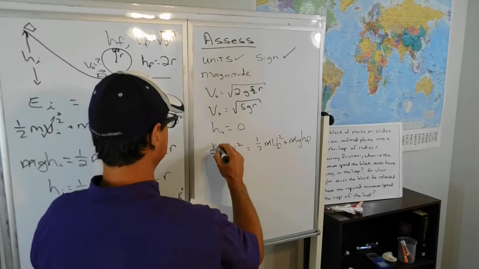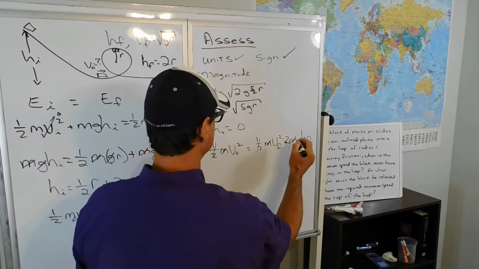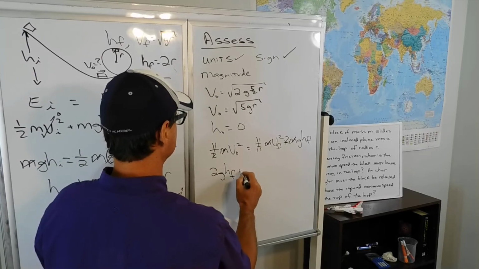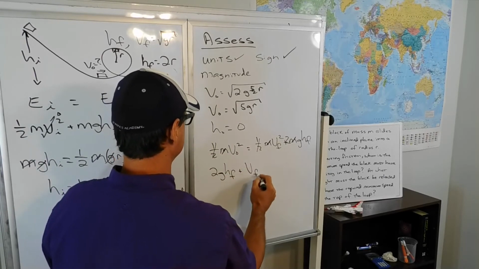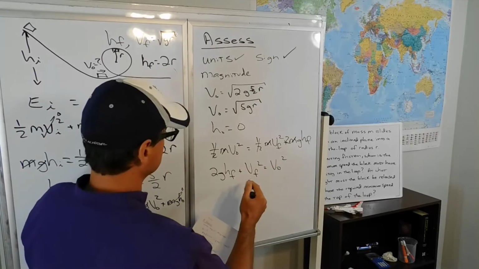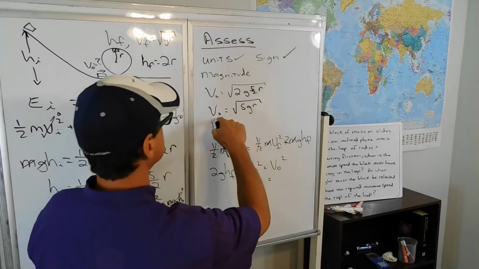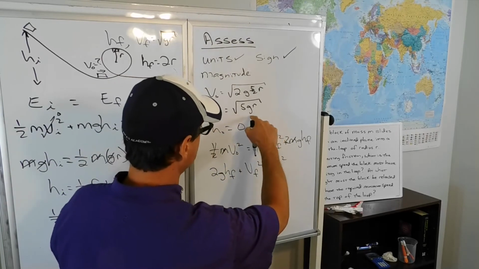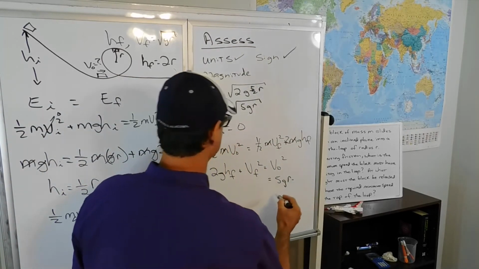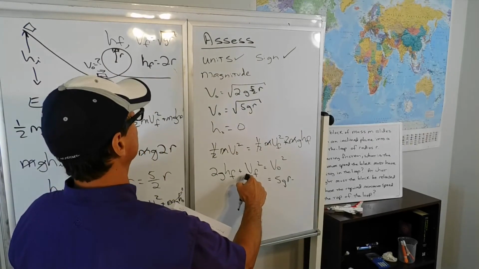Let's cancel it out, multiply by 2. So we have 2g H final plus V final squared equals V naught squared. V naught is the square root of 5gr, we square it, we get back 5gr, and then minus V final squared.